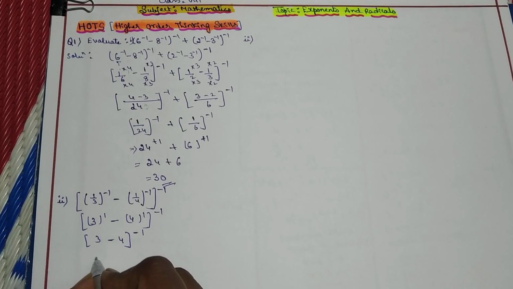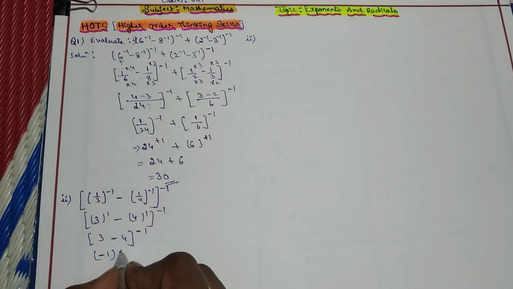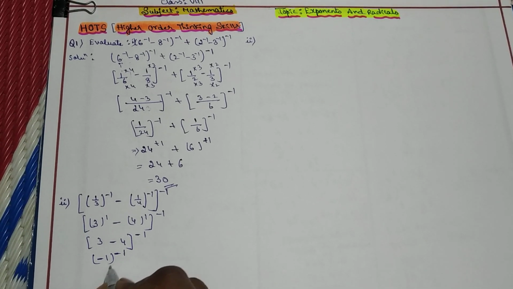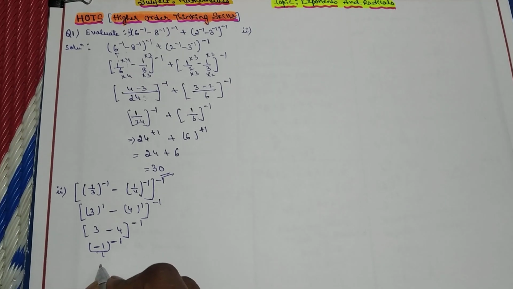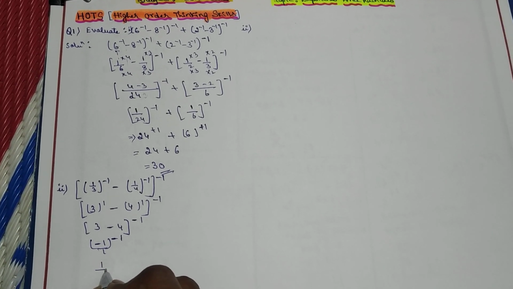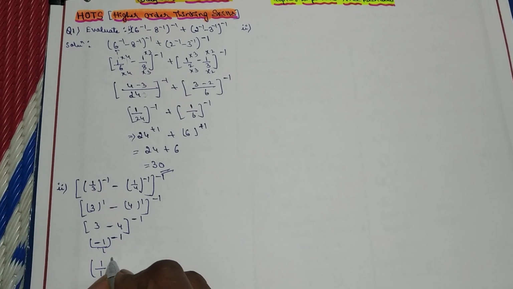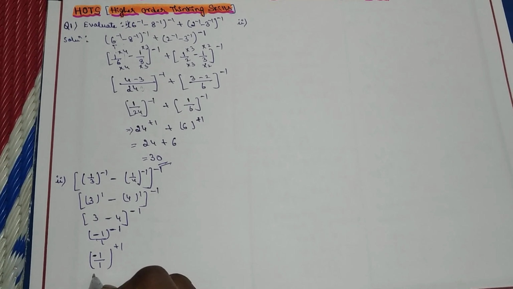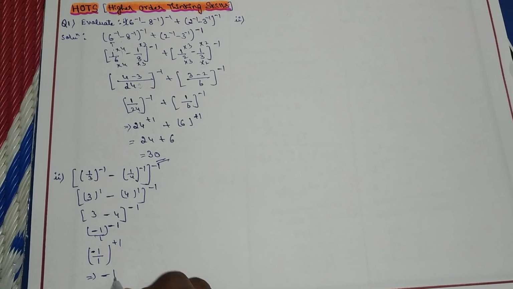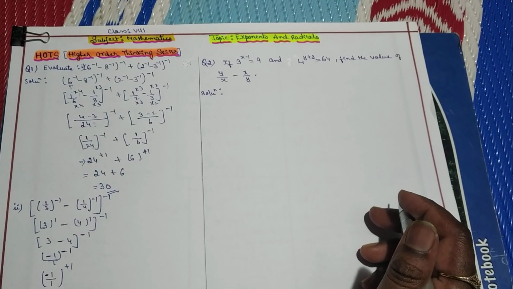Then 3 minus 4 is nothing but minus 1 whole to the power of minus 1. So I want this exponent to be positive, which means I need to do the reciprocal. So 1 by 1 is nothing but 1 by 1 only, with the minus sign as the base, and the power changes to plus 1. Which is nothing but minus 1, the answer, children.